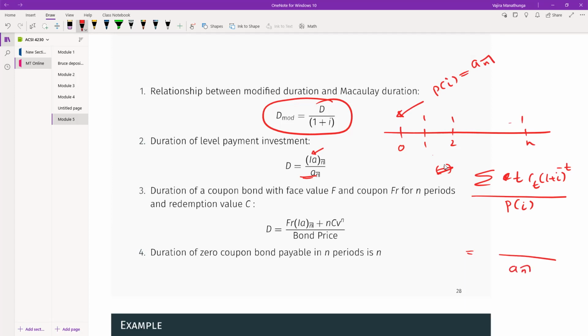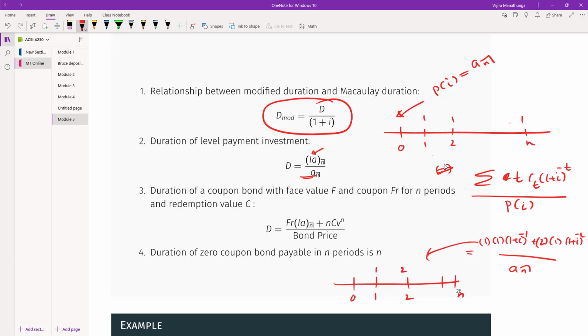But then when I try to do the numerator part, it's going to be what? It's going to be 1 times $1 times (1 plus i) to the negative 1, then 2 times the payment $1 times (1 plus i) to the negative 2, and so forth. So basically it's an increase of one. If you look at this, what does it look like? This looks like I'm taking the present value of an arithmetically increasing annuity. I mean the numerator.